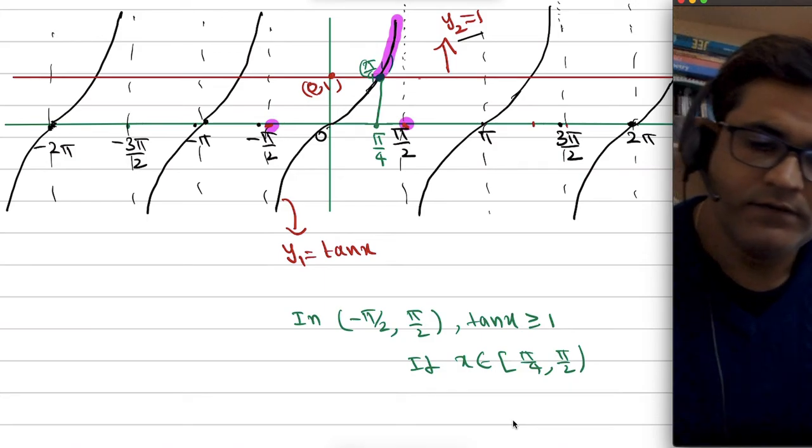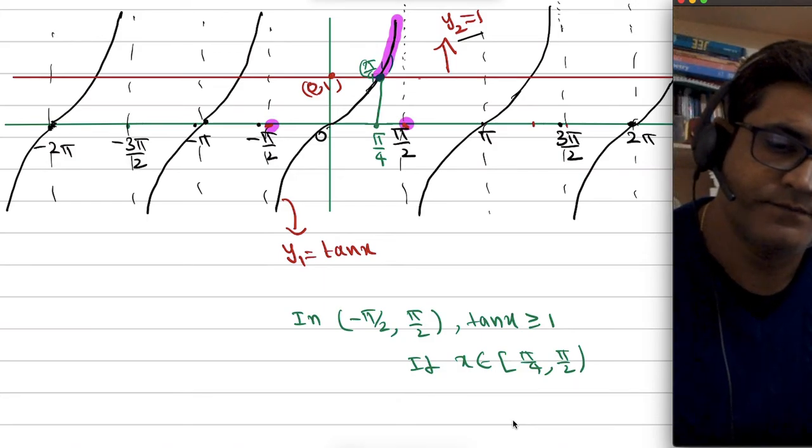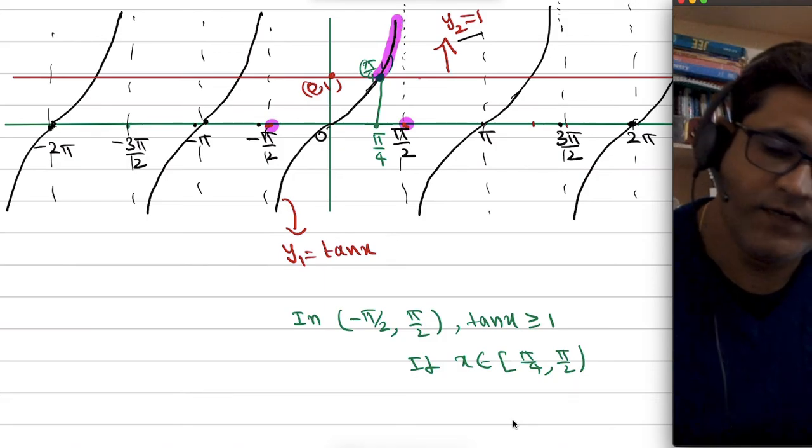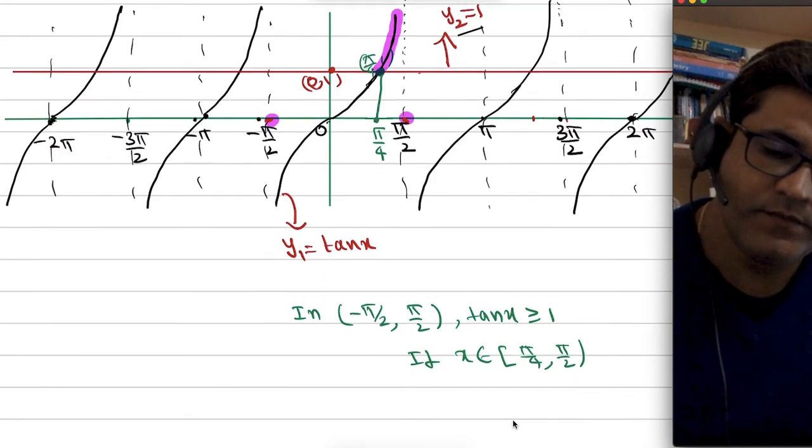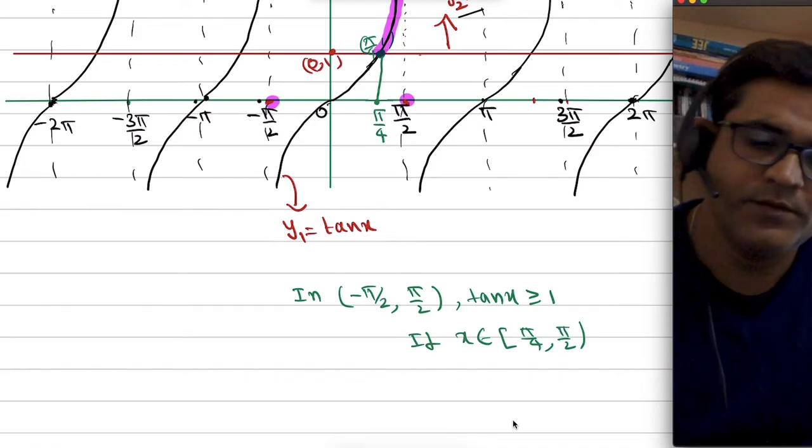In this interval, the tan x graph is above the line y equal to 1, and tan x equals 1 at pi by 4. Now, this is the solution in the interval minus pi by 2 to pi by 2.